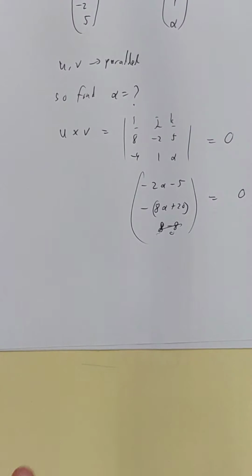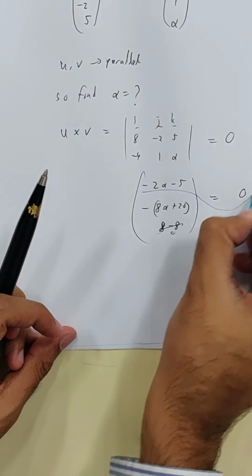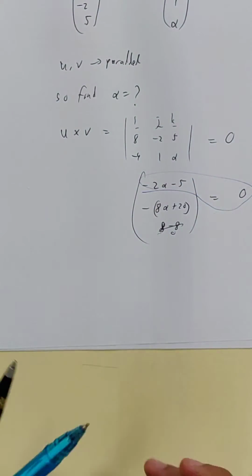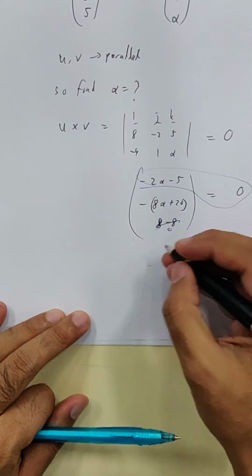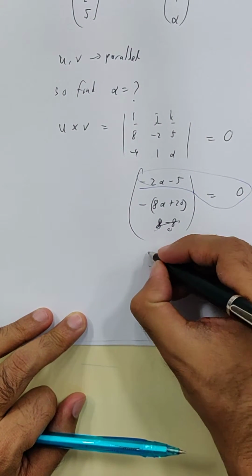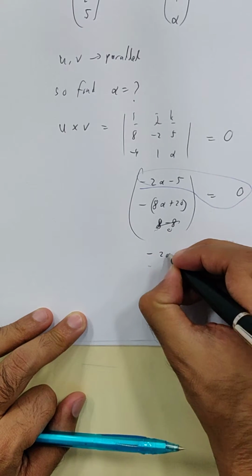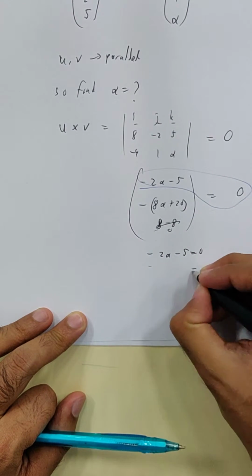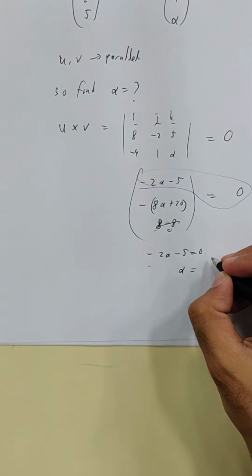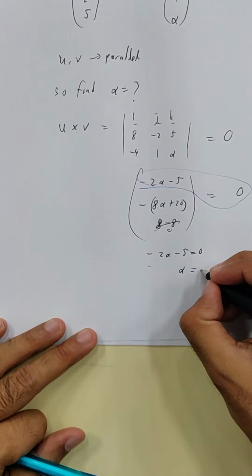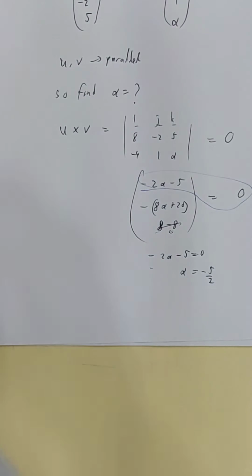Just take either one of them. In this case, I'm taking here. So, negative 2 alpha minus 5 equals to 0. Alpha is negative 5 over 2.